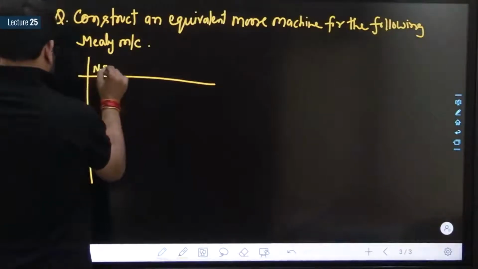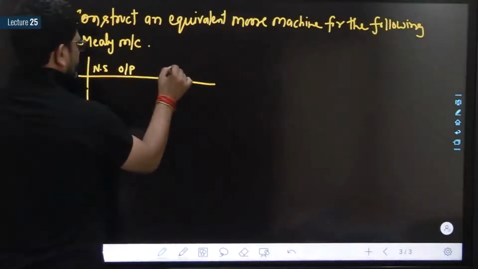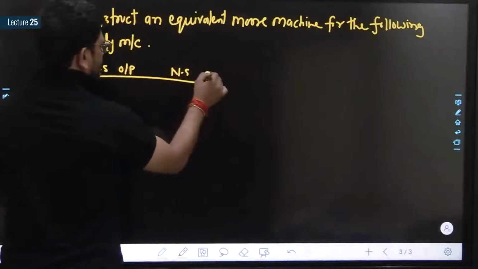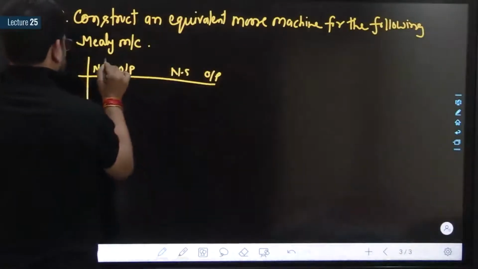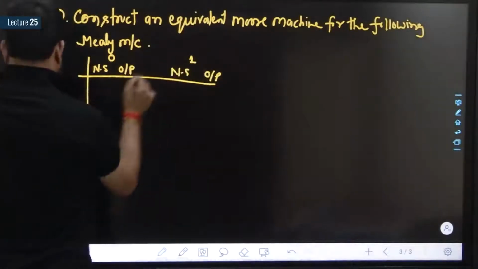Next state, output. Next state, output. Input is 0 and 1.